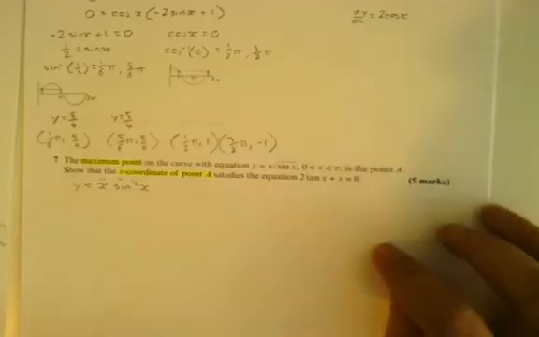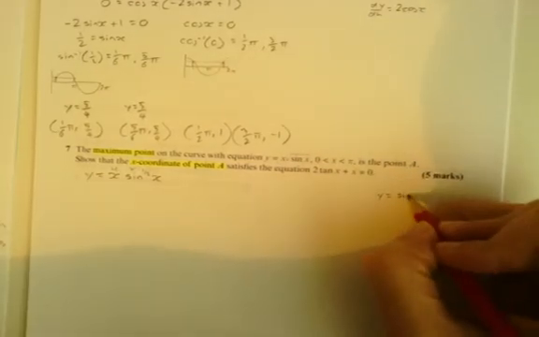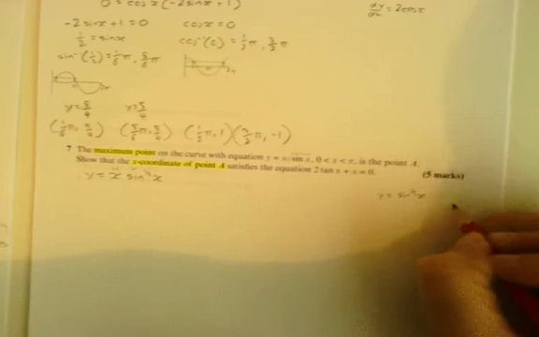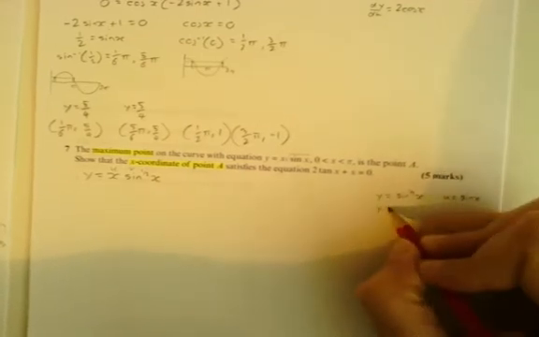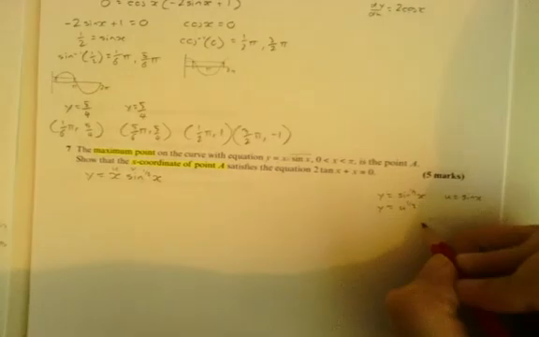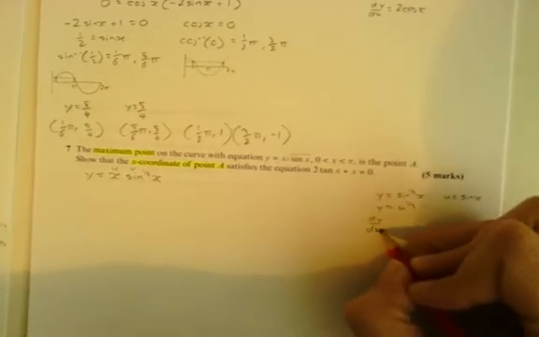So we're going to differentiate sine to the half x the same way that we did cos squared x up there. So we're going to let y equal sine to the half x, and we're going to say u is sine x, which means that y equals u to the half.